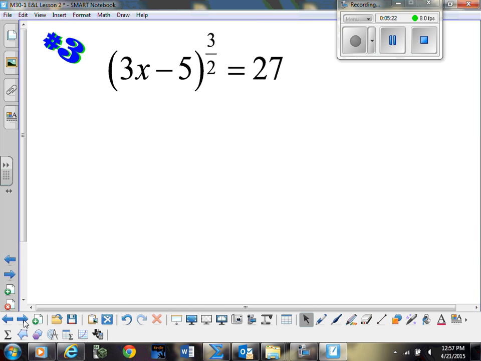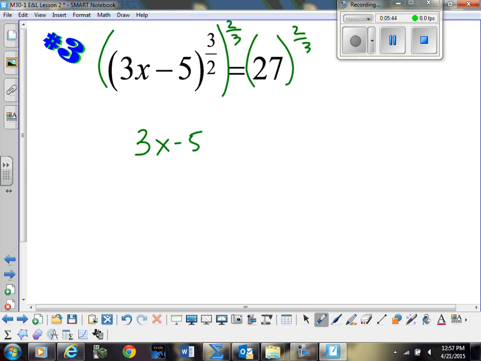All right, how about this one? We have a binomial in the bracket. So that's 3 over 2. We want to get rid of that. In order to isolate x, we have to isolate the bracket, get rid of the exponent first. So we're going to do the same thing we did last time. Raise the whole thing to the 2 over 3.